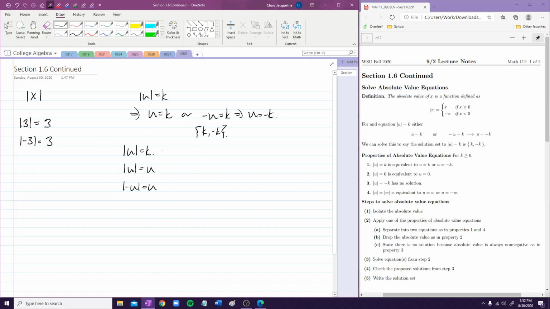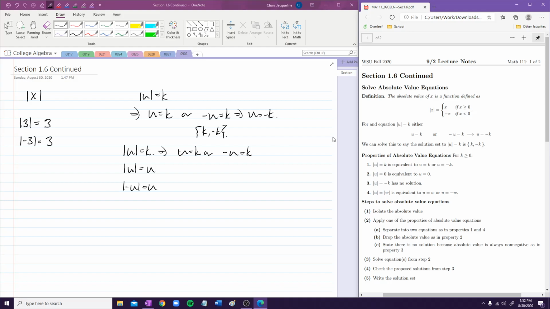So over here, we would get u is equal to k or negative u equals k. But remember up here, we solved for u and said it's equal to negative k. So you can just go straight to here, but I wanted to explain why it's positive or minus k. It's because it's positive or minus u, but when it's minus u, we just solve for it, and then we get that negative k.